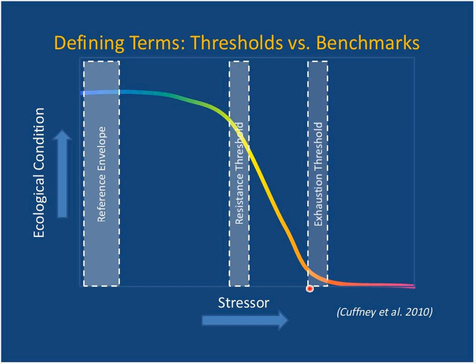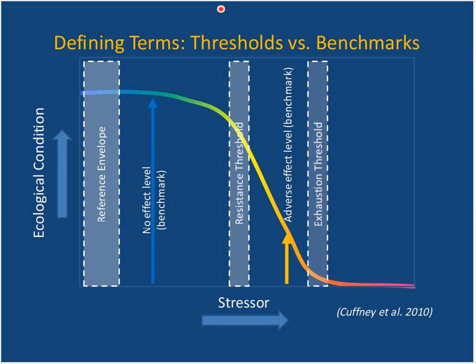And when we think about these thresholds, these are resistance and exhaustion thresholds, and it's also really helpful to understand in terms of what we can actually measure. Or, if we do experiments, and Lauri Green will be presenting experiments to you folks today, those experiments essentially reflect benchmarks.